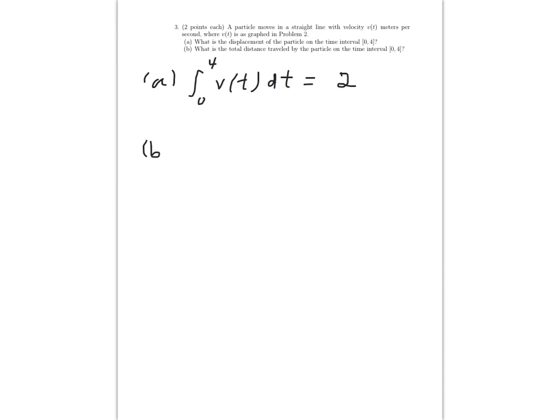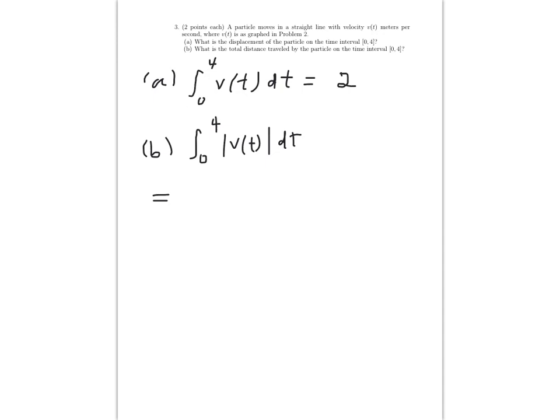Now for part B, if we want the distance traveled, you might remember from the 5.4 video that instead of integrating the velocity, we want to integrate the absolute value of the velocity. Right? And now, how do you do that? Well, if you go to the picture on the previous page of v of t, imagine what the area under the curve would be if all of the curve were above the t-axis.